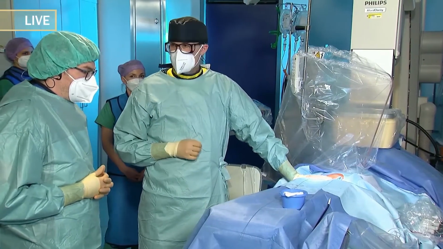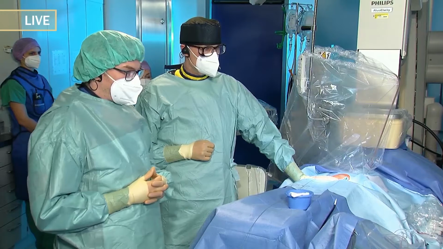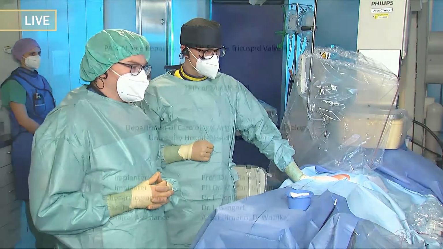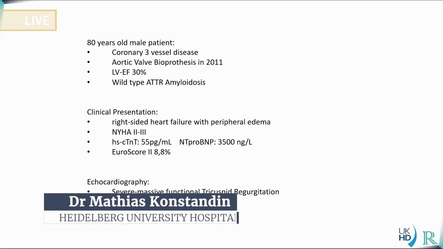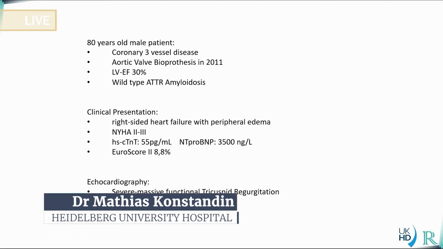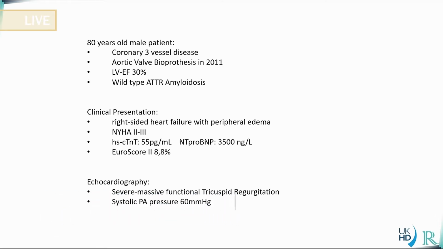So Matthias Konstantin will quickly give you some info on our patient for the day. Hello, also from my side. Today's case, next slide please, is an 80-year-old male patient. He has a coronary three-vessel disease and is status post aortic valve replacement with a bioprosthesis in 2011.